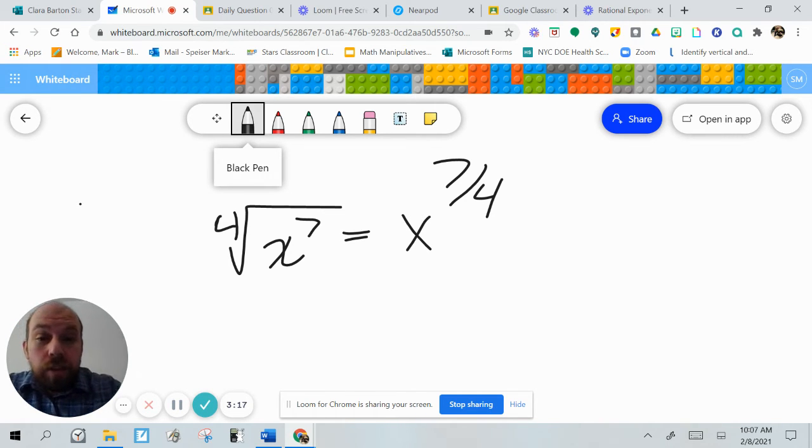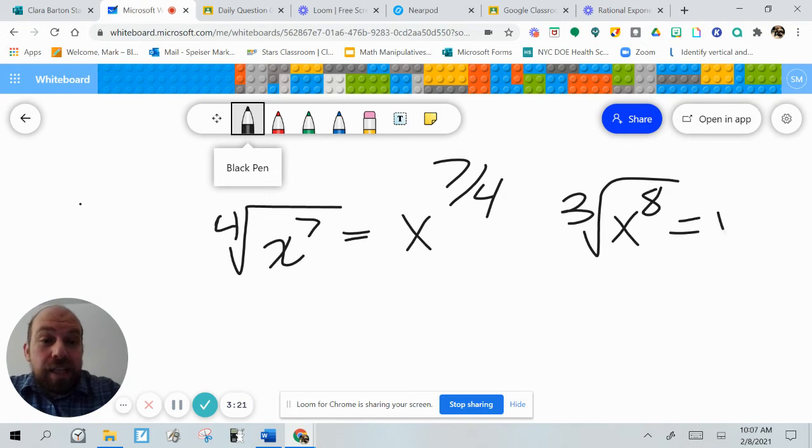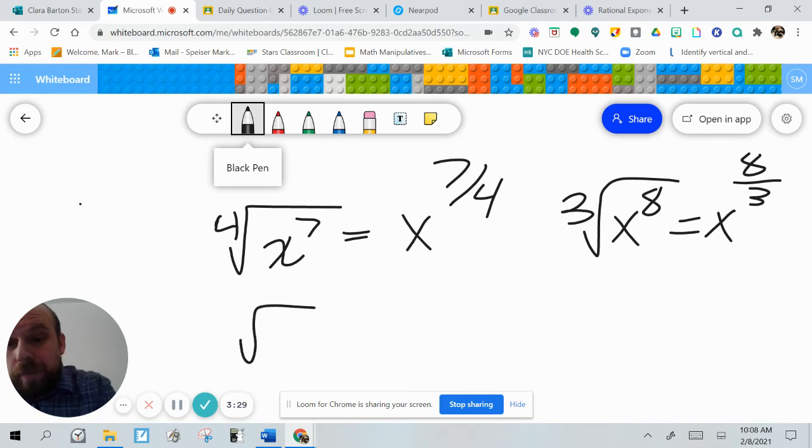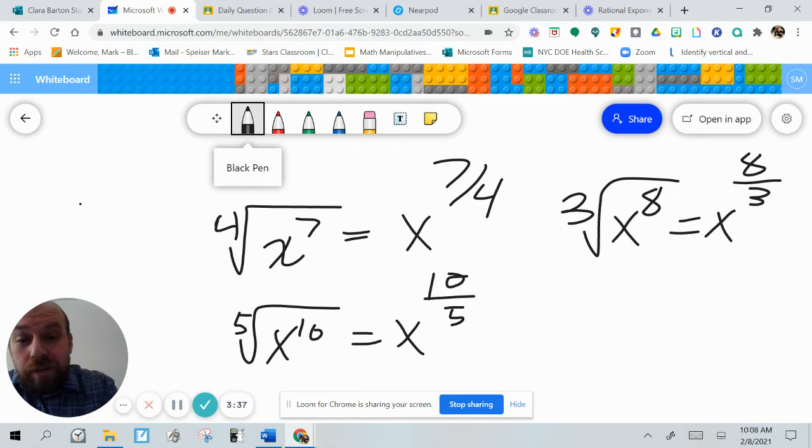Another example, the cube root of x to the 8th, x to the 8 over 3. Three things to remember. 1, you could simplify these. Let's say you had the 5th root of x to the 10th. That'll be x to the 10 over 5, or x squared.